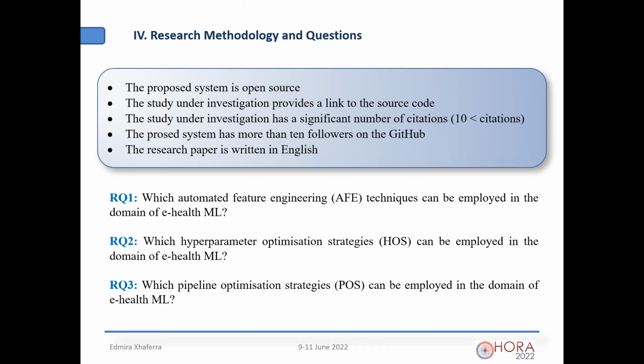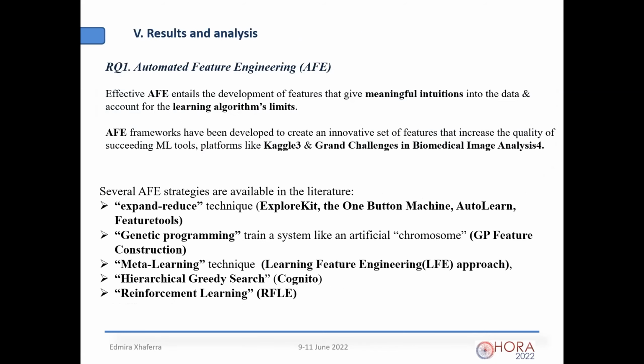The second question is which hyperparameter optimization strategies can be employed in the domain of e-health machine learning. The last is which pipeline optimization strategies can be employed in the domain of e-health machine learning.